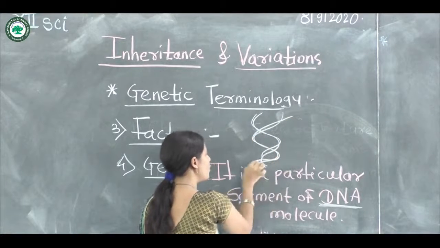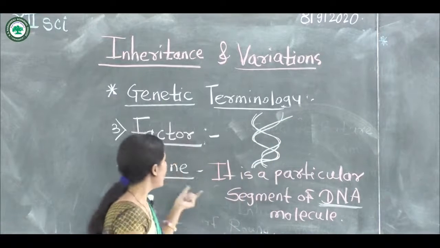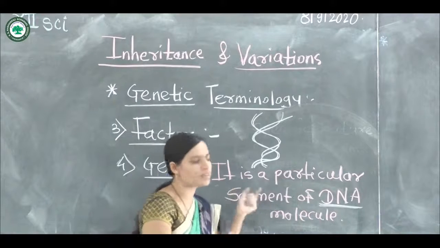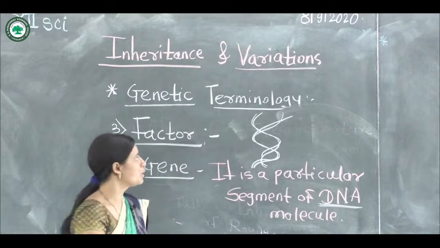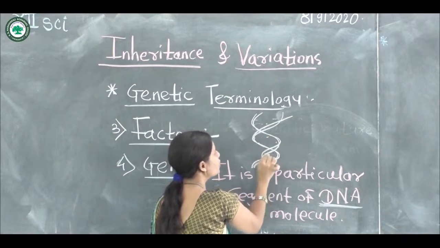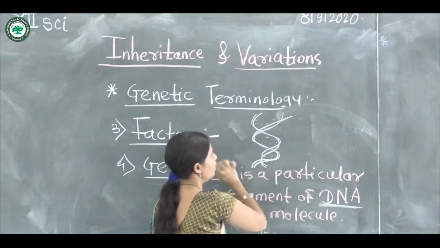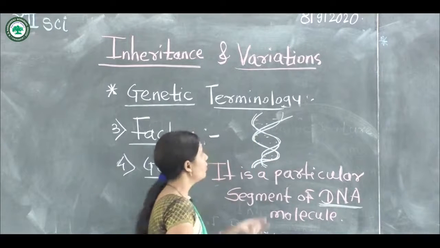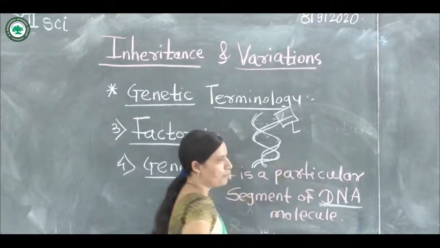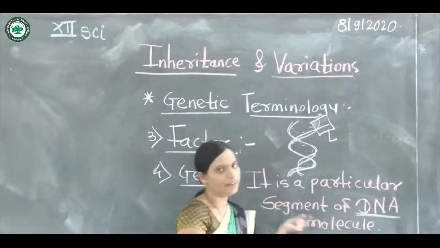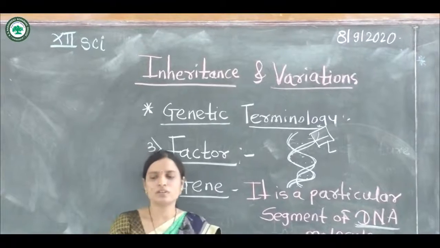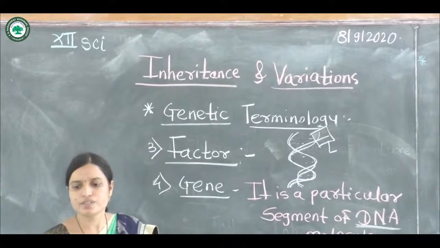The DNA has many nitrogen bases or nucleotides, and one particular segment of the DNA is known as a gene. This is the fourth genetic term, gene.